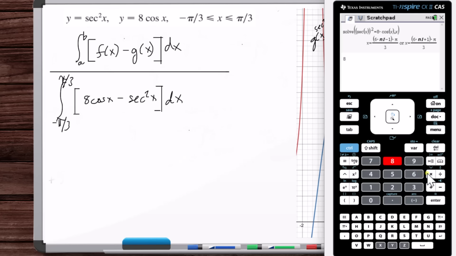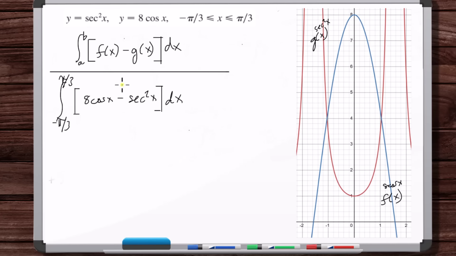Let's put in the original formula first: 8 cosine of x minus secant x squared. Now let's take this and put in minus x. Those are the same. So f of minus x is equal to f of x, so this is an even function.